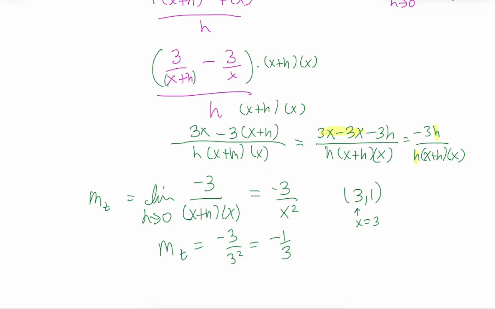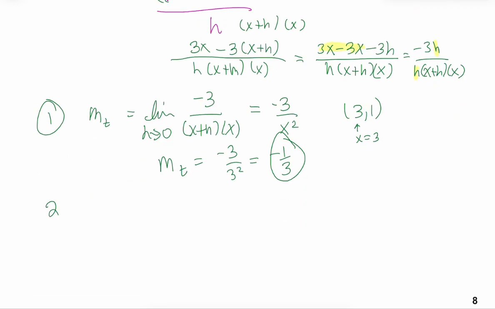So our first step is finally done. We know the slope of the tangent at that particular point is negative 1/3. If we were at a different point, we would get a different slope, because our negative 3 over x squared would be something different if the x is 2, if the x is 4, if the x is 7.